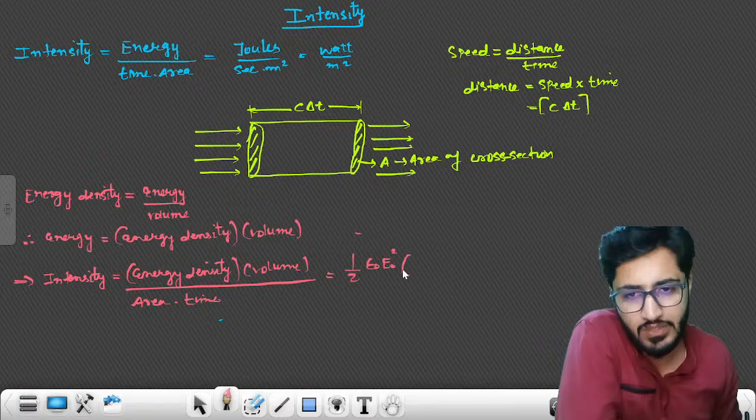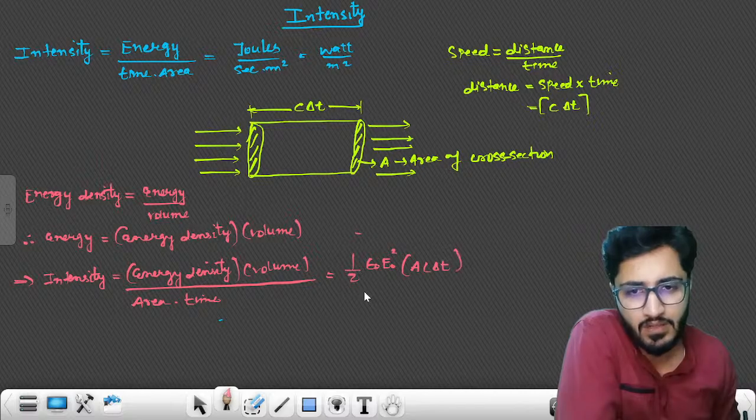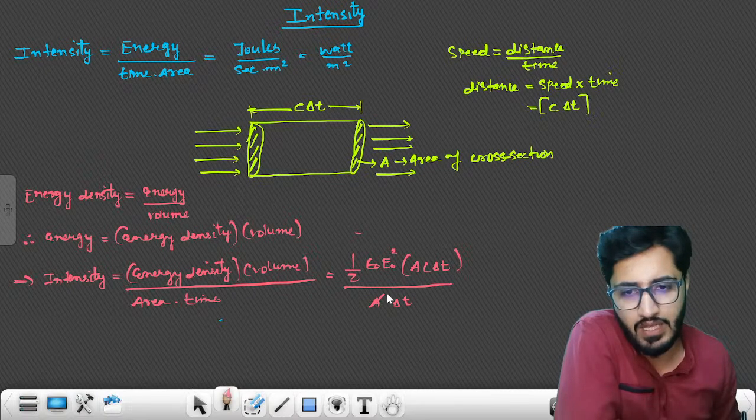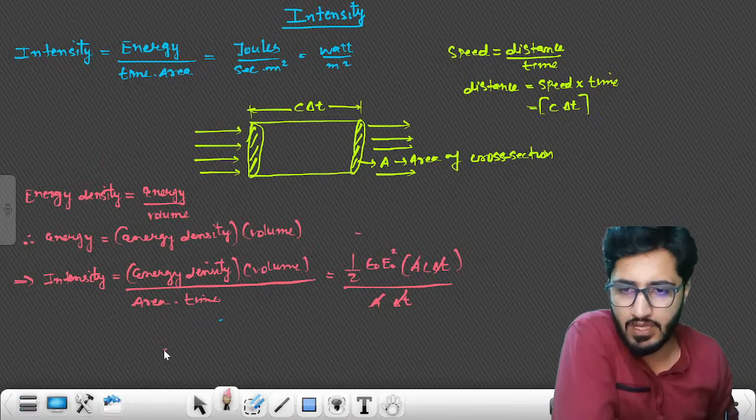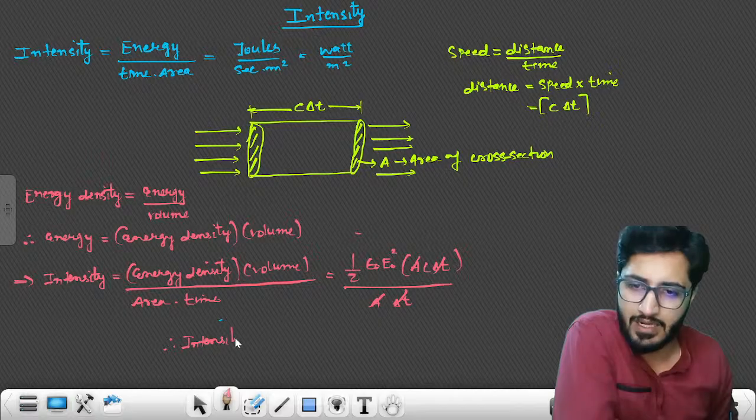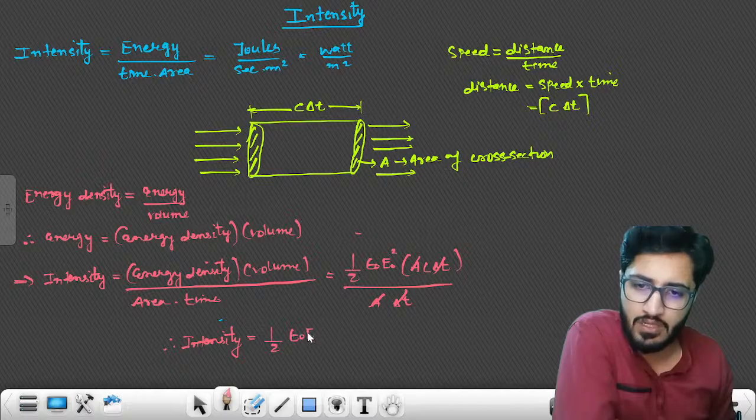Okay. What is volume? Volume is area into length. What is length? It is c delta t. Whole divided by area. Area is A and time is delta t. You can see now A cancels out, delta t cancels out. So therefore, I can write intensity came out to be 1 by 2 epsilon naught E naught square multiplied with c.